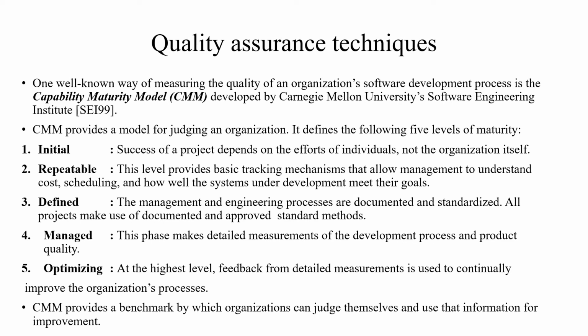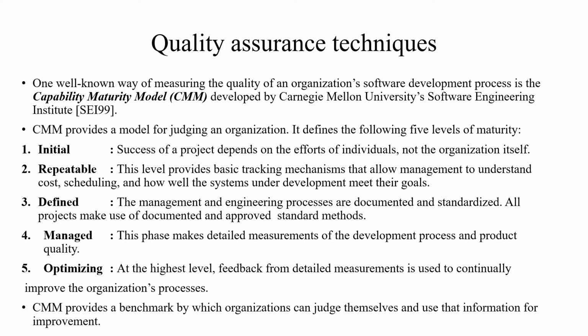The next level is managed. This phase makes detailed measurements of the development process and product quality. The fifth maturity level is optimizing. At the highest level, feedback from the detailed measurement is used to continually improve the organization's process.